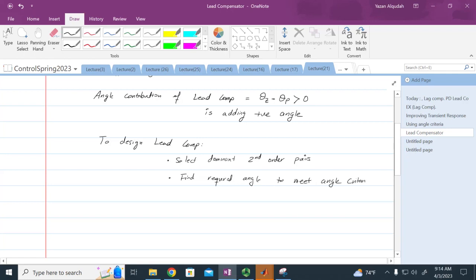Similar to what we've done in the lag compensator, but now we have more flexibility. We have a pole and a 0 to meet that angle criteria.